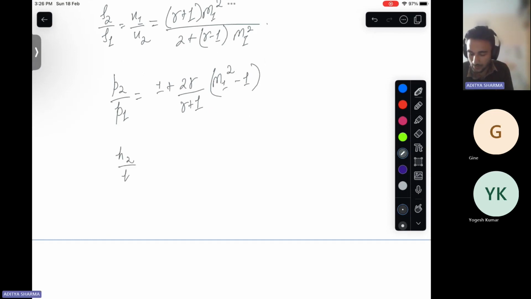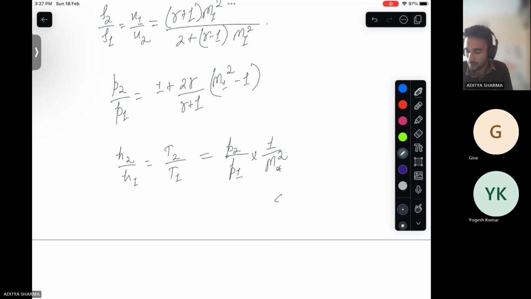So this enthalpy and temperature ratio, T2 by T1, because h is Cp T, can be written like this, where M star equals gamma plus 1 times M square by 2 plus gamma minus 1 times M square.